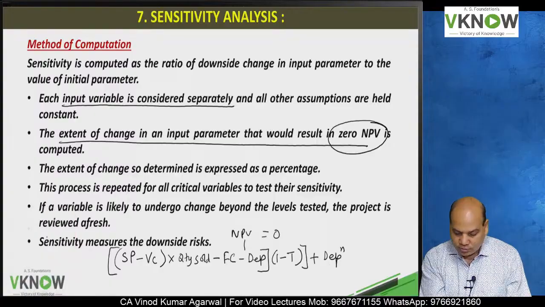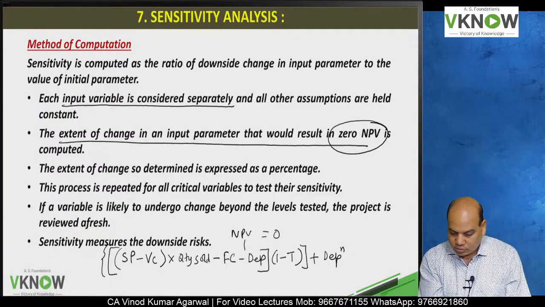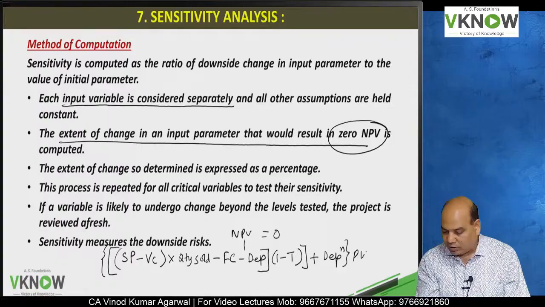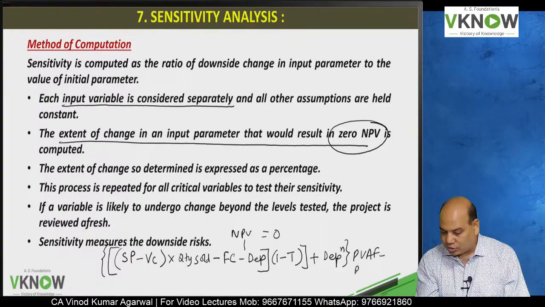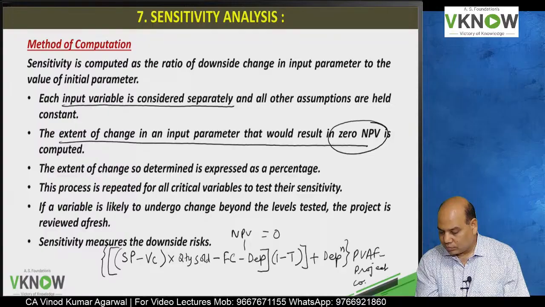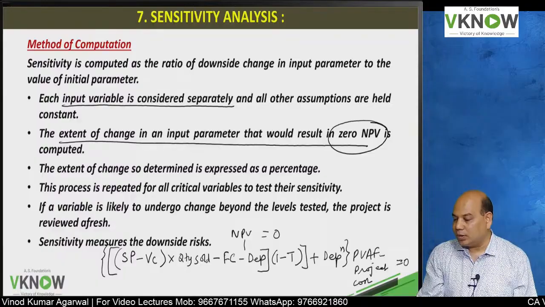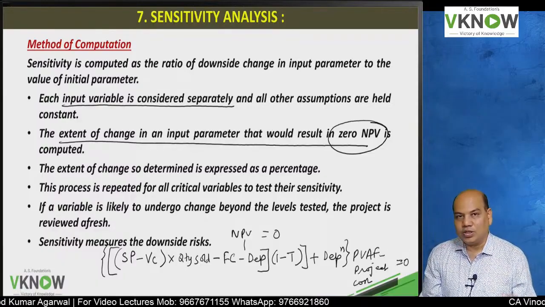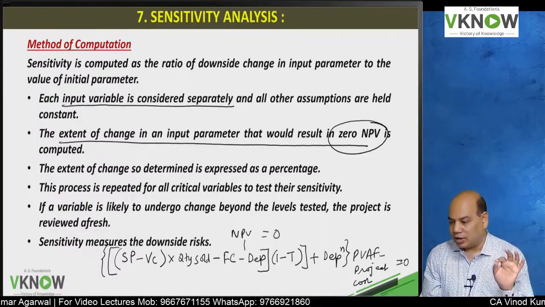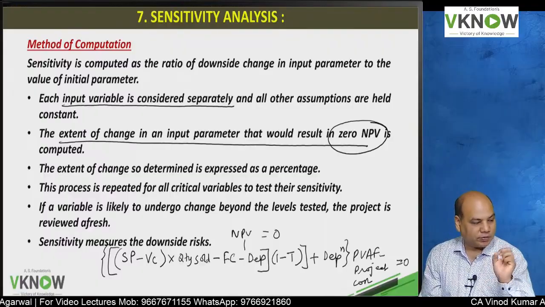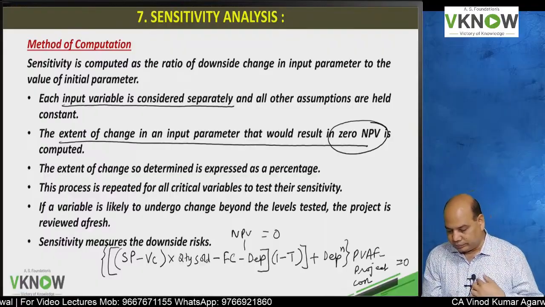This whole thing you multiply by the PV annuity factor minus project cost, and that should be equal to 0. This is basically my equation for finding NPV, but it can change from question to question.